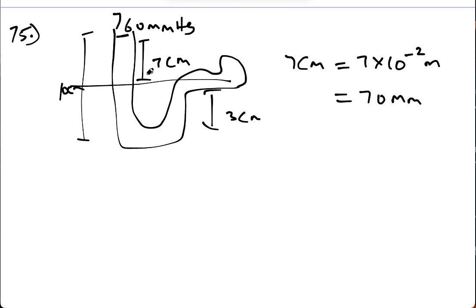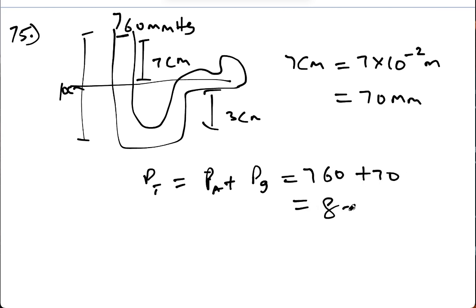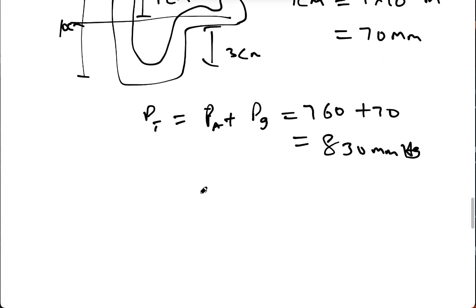Since we are going down, total pressure is the atmospheric pressure plus the gauge pressure. If we were going up to the chamber G, we would subtract. So this is 760 plus 70, which is 830 millimeters of mercury.